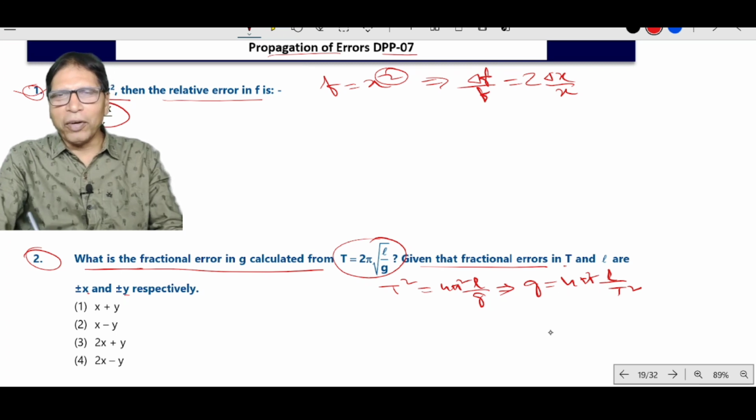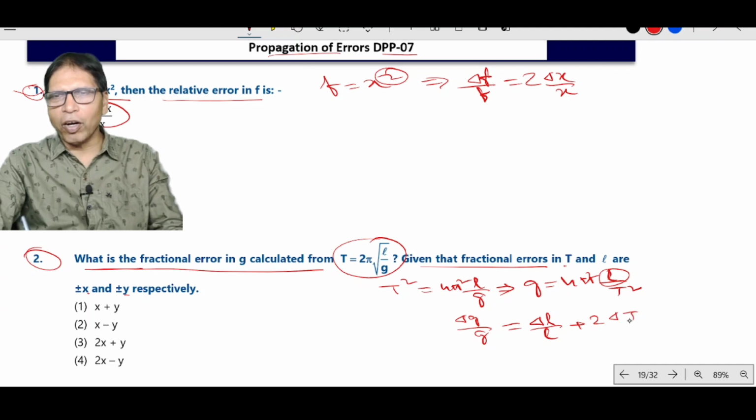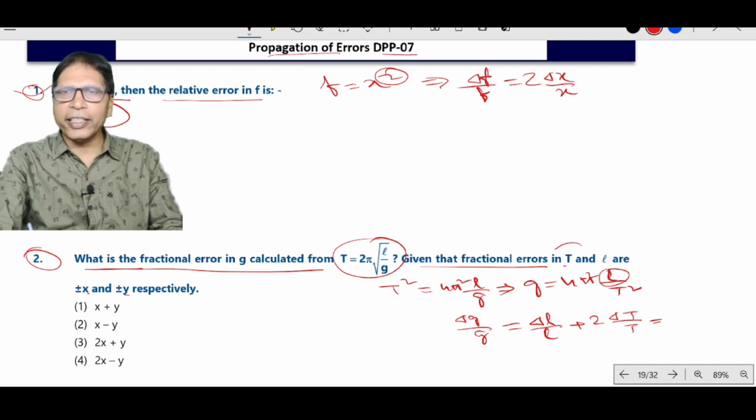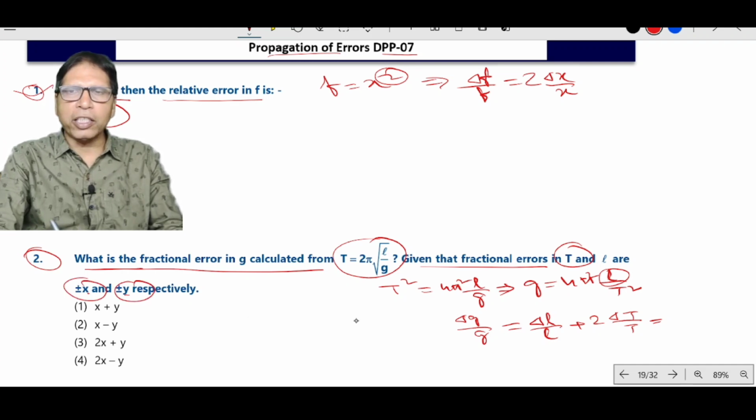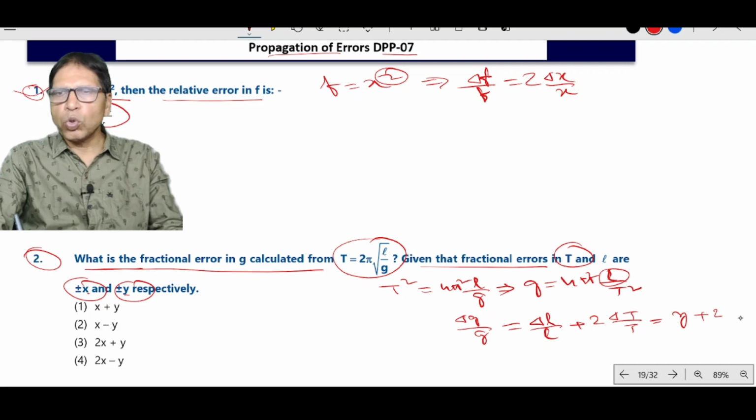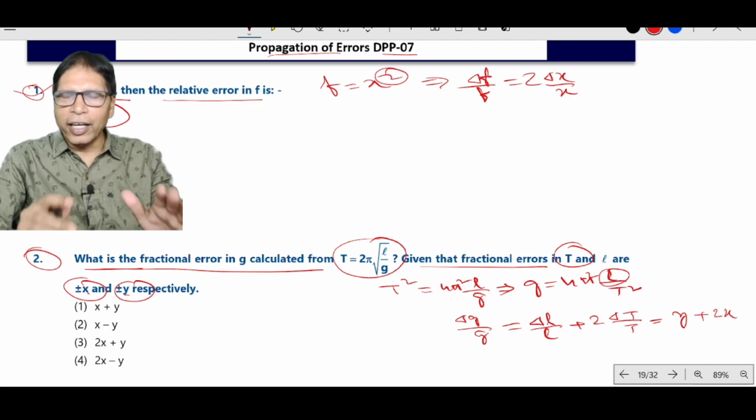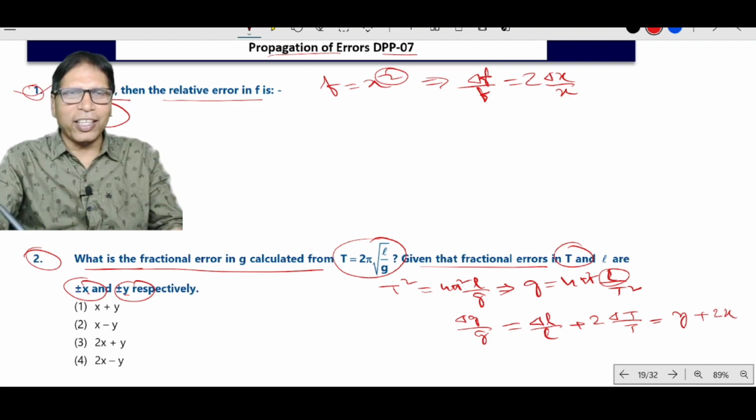Now the relative error of g equals the relative error of l plus 2 times the relative error of the period. Here delta t by t equals x and delta l by l is y. So y plus 2x is the relative error of g. So 2x plus y is the relative error of g.